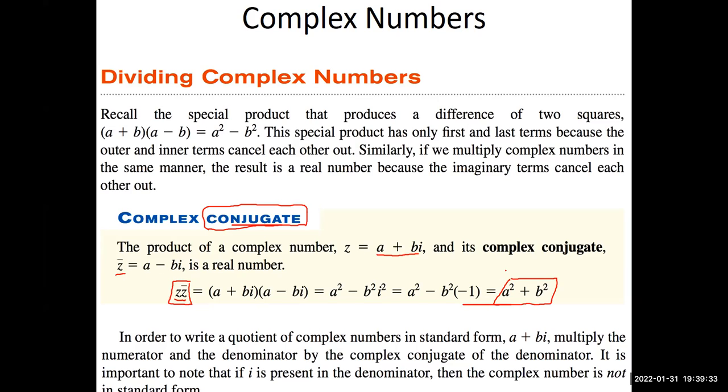In order to write a quotient of complex numbers in standard form a plus bi, we multiply the numerator and the denominator by the complex conjugate of the denominator. We will see later what that is. It is important to note that if i is present in the denominator, then the complex number is not in standard form.